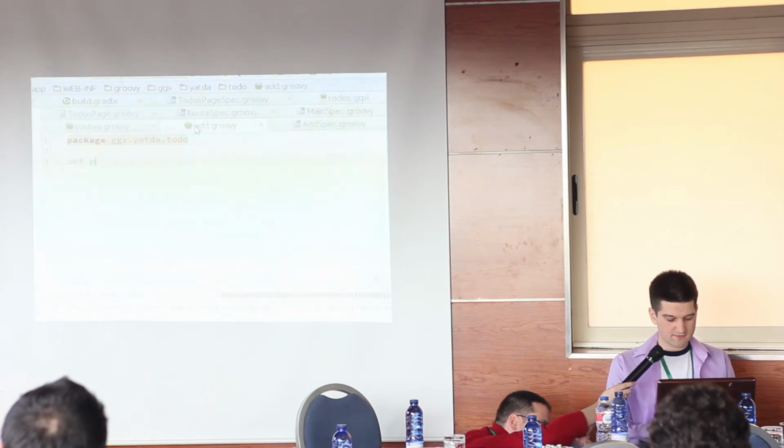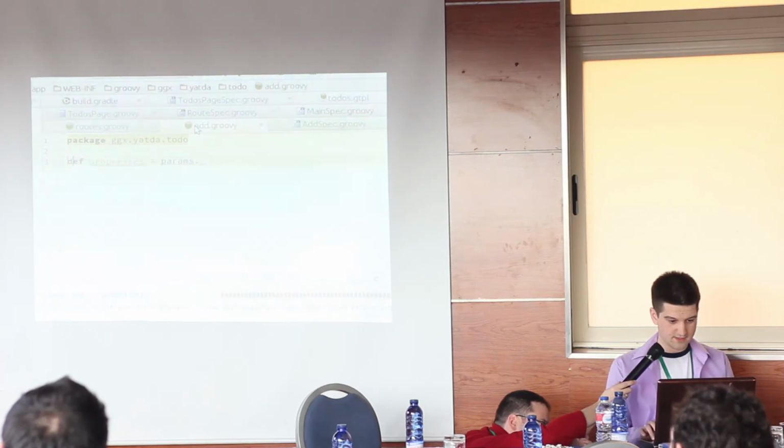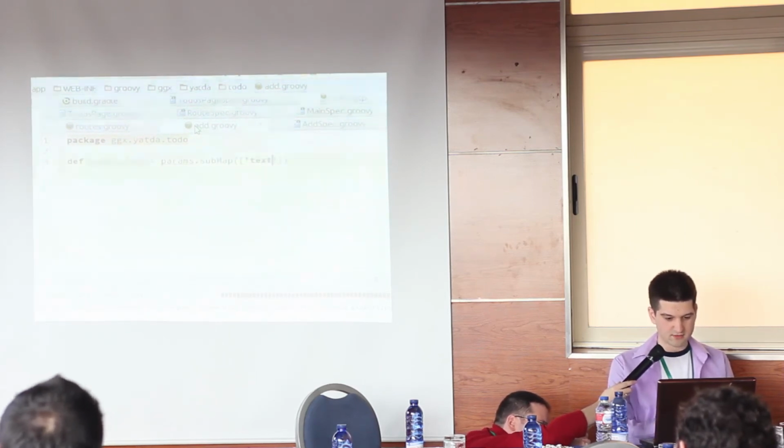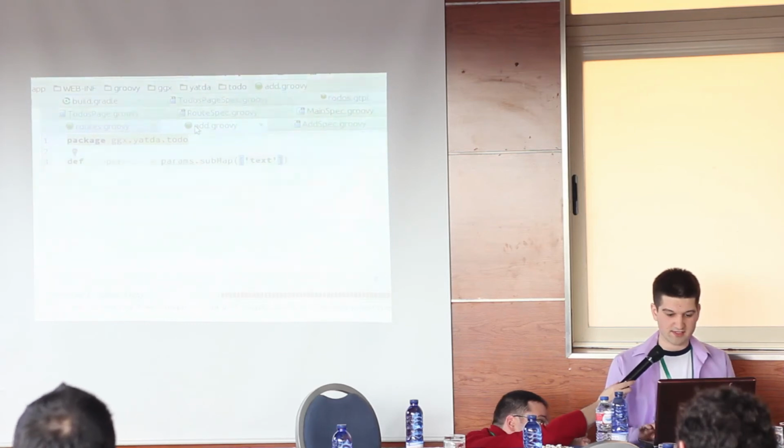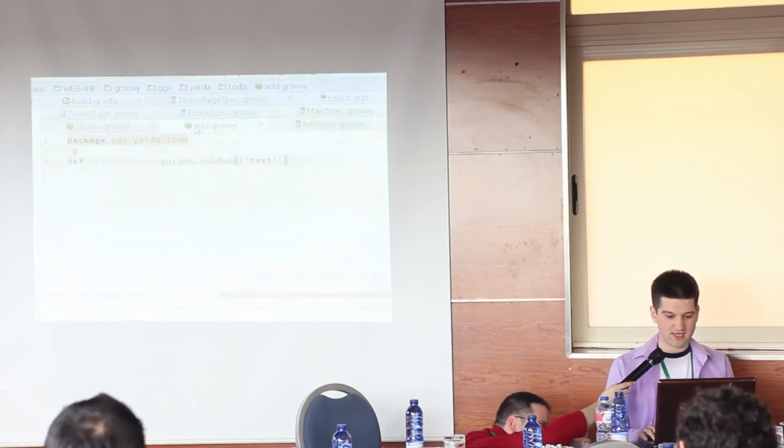So let's first build the properties of our new entity. So from params, we can whitelist the text only, so that if somebody makes some malicious request to that URL, nothing will happen because we will only take the text from there.